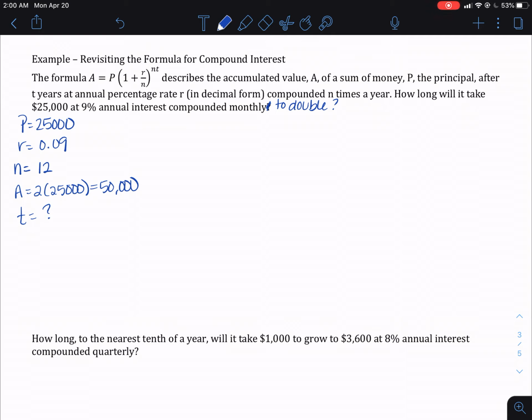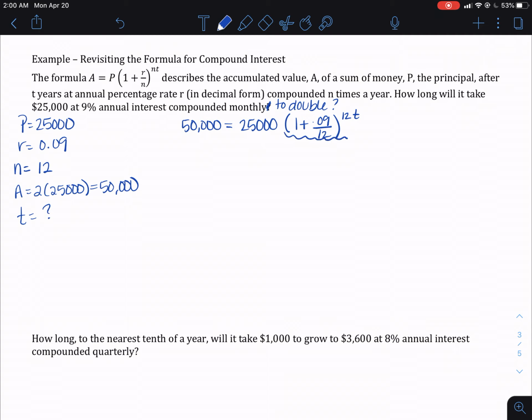So if we plug in everything that we know, A equals our 50,000, which equals P, so 25,000, times the quantity 1 plus 0.09 divided by 12, to the 12t power.